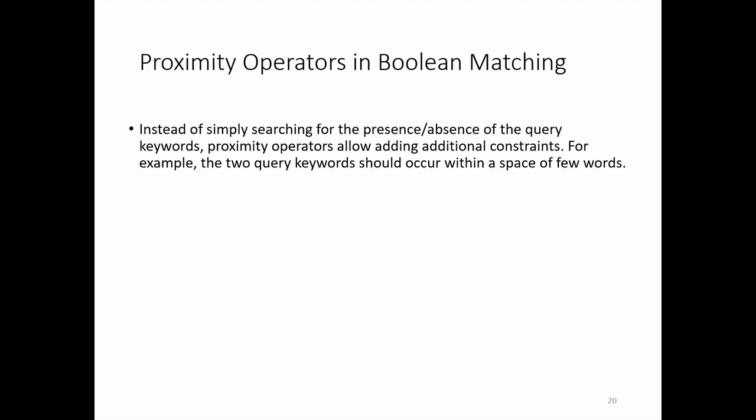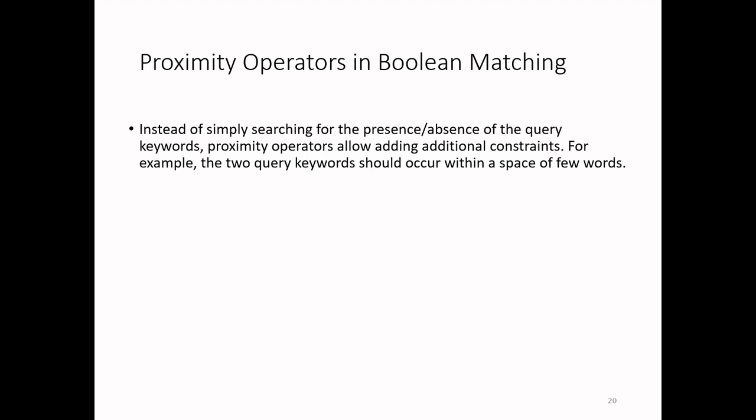So you might specify that I'm looking for a document that has these keywords, and some of these keywords should be close to each other within a distance of 5 or 7 words. All right. So that is what we call proximity searching in Boolean matching, or proximity operators in Boolean matching, to do this search. All right.